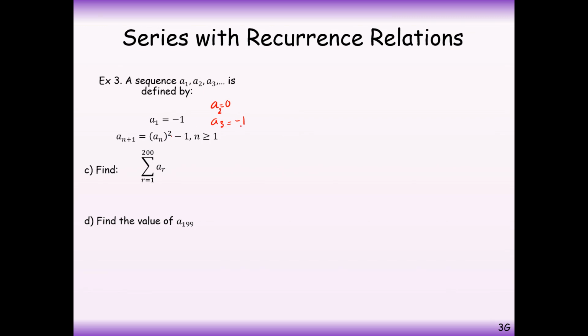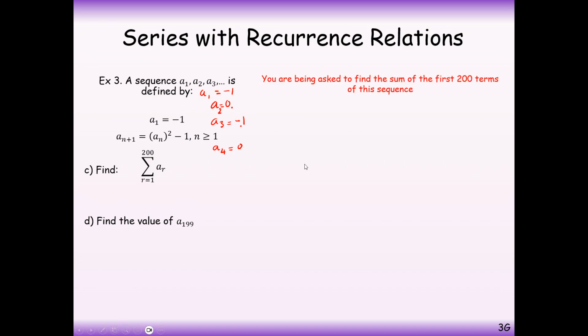And when we substitute minus 1 into this equation, just like we did with a1, what would we get? Minus 1 squared would be plus 1, plus 1 minus 1 would give us 0. So a4 would be 0. Do you get the pattern? We started with minus 1, 0, minus 1, 0. So it's just flip-flopping between minus 1 and 0.